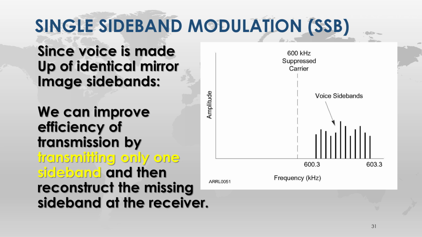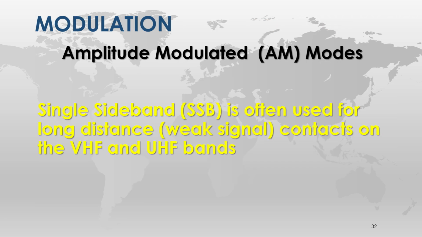And so it can inject it over here, and it can inject the carrier. So why send all that? Why spend all that electricity and energy? Why not stuff all that energy into this, just the sideband? And that's what sideband does. Sideband is transmitting only 1 sideband. AM modes, single sideband is often used for long distance, weak signal. It's used for long distance, period. And there's a lot of guys that are using 2 meter, which is line of sight, right?